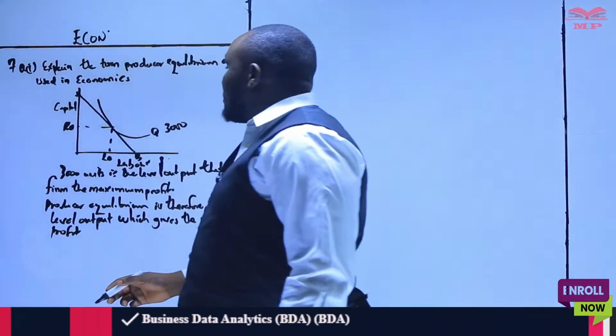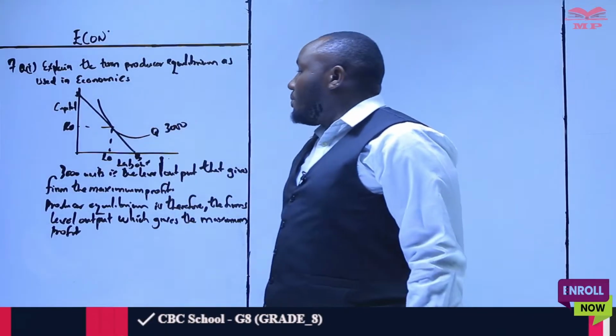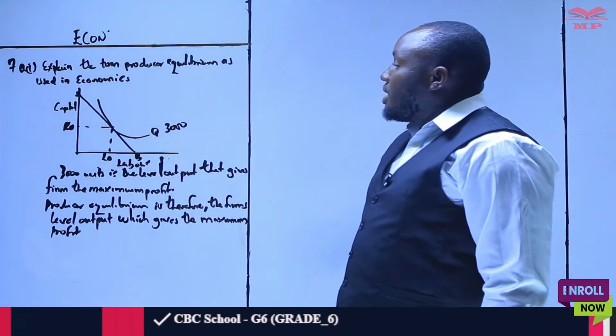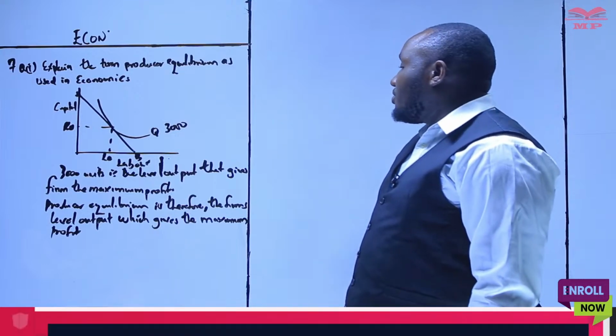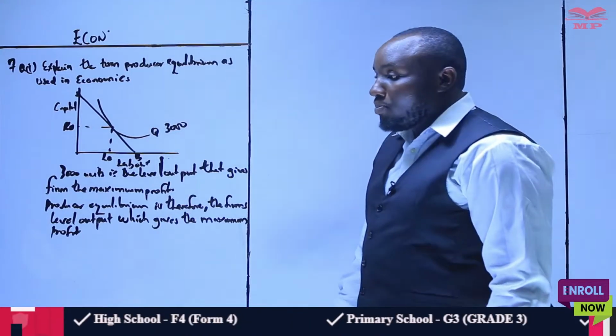As you can see from the diagram, AB is an isocost line, and Q is an isoquant. So 3,000 is the level of output that will give the maximum profit.